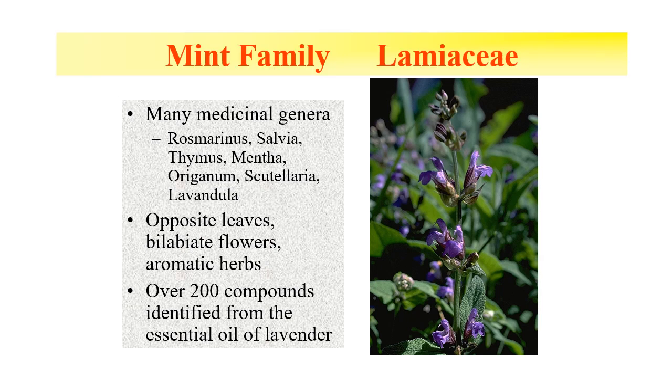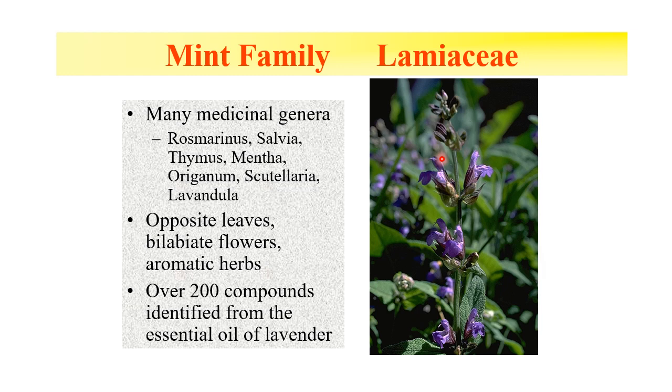Now let's talk about the mint family. The mint family, Lamiaceae, contains many plants that you're familiar with, like rosemary, sage, thyme, all the mints, oregano, skullcap, and lavender. And they have certain characteristics. They have square stems typically, which you can kind of see here. They have bilabiate flowers.